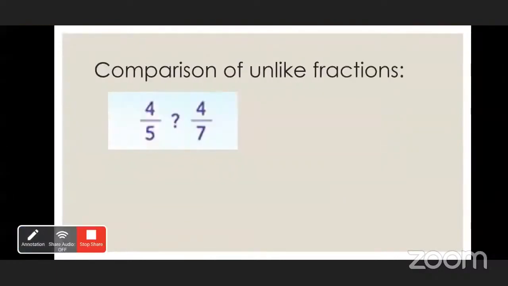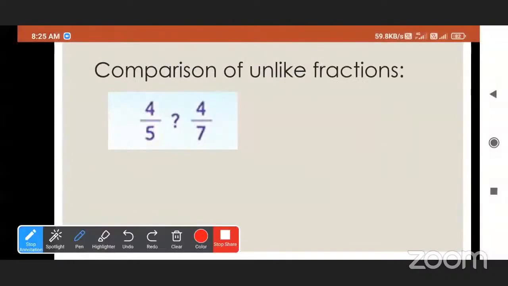Okay, now we have to compare these unlike fractions: 4 upon 5 or 4 upon 7. Which sign do we have to put? Smaller than, greater than, or equal to? 4 upon 5 is smaller than, greater than, or equal to 4 upon 7?